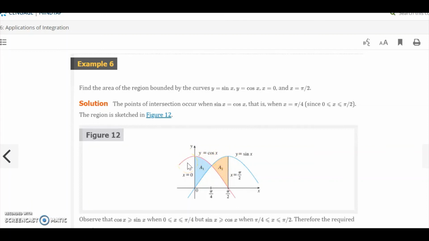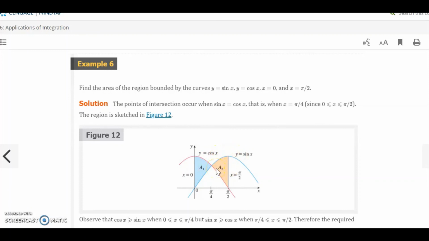And then notice how this is also symmetric. So since this is symmetric, this intersection point is right in the middle. So you can just find the area of the first one and multiply it by 2 to get your answer. Either that, or you can add those two integrals together.